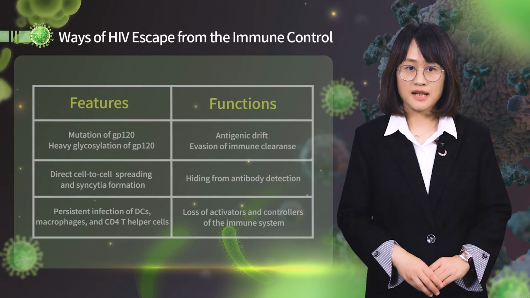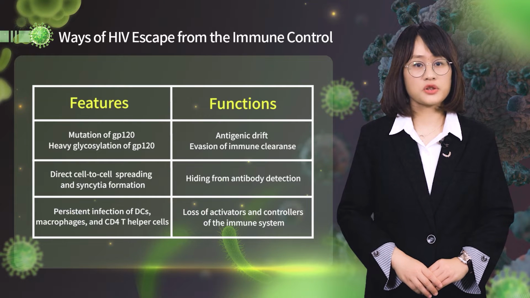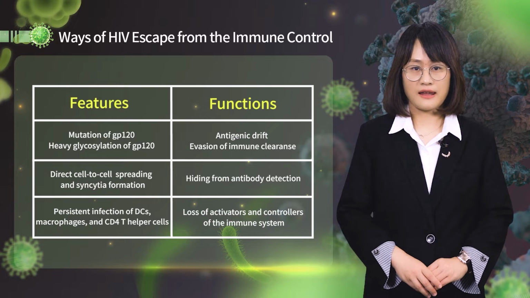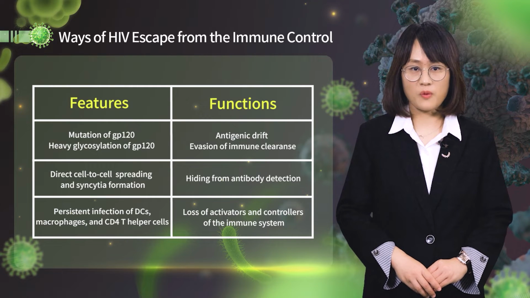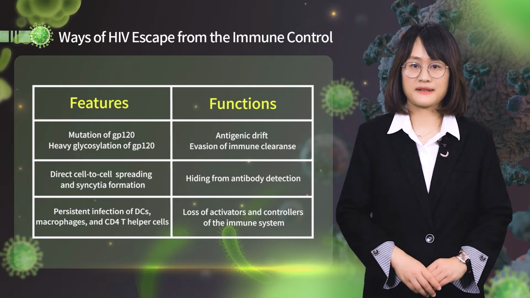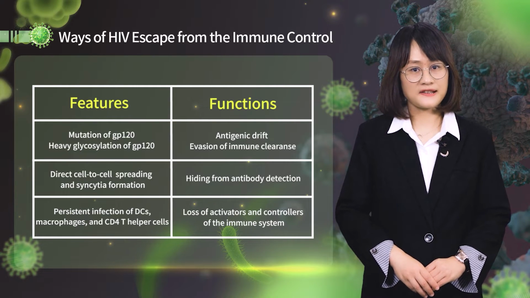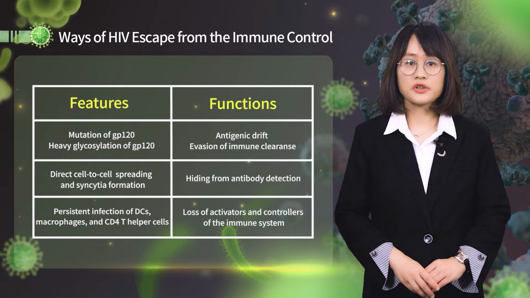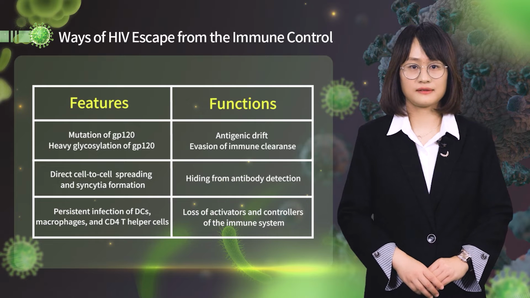We can see in the table, GP120 undergoes mutation and heavy glycosylation, and hence alters its antigenicity and evades immune clearance. Direct cell-to-cell spread and syncytial formation also contribute to escape of antibody detection.